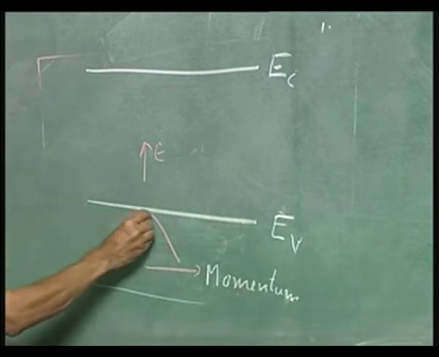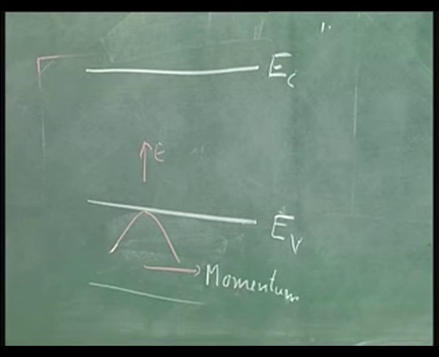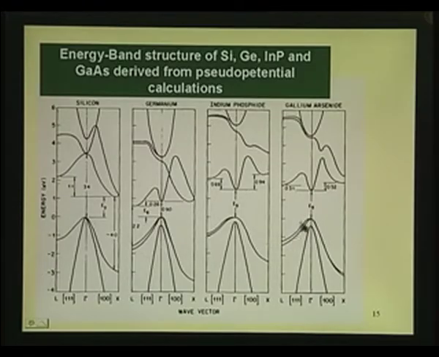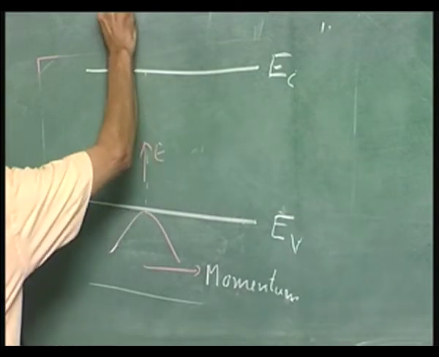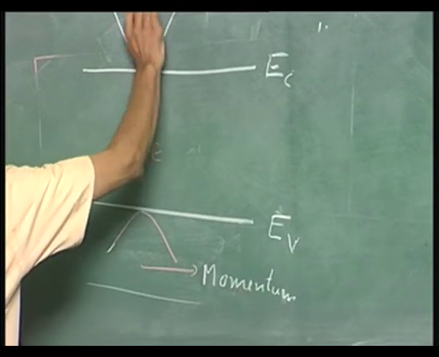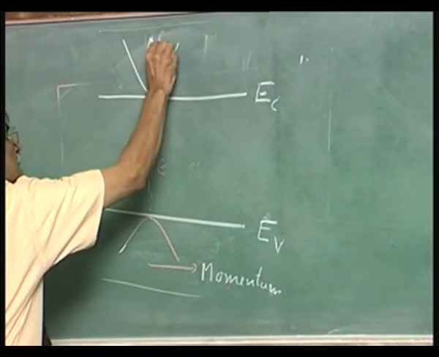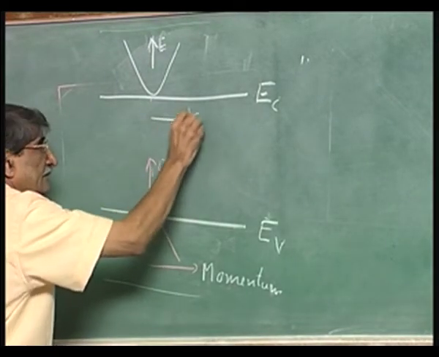So, the tip of that you plot as the valence band top. This is the portion that matters. And in the conduction band, this is the portion, exactly above that, like that. That is the energy versus momentum, or K.